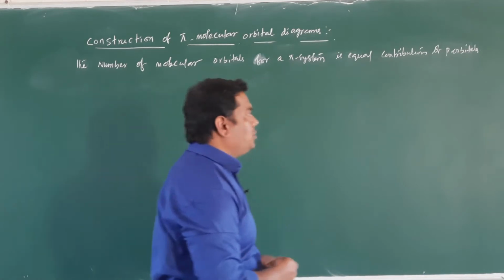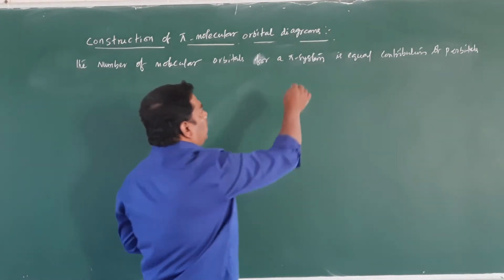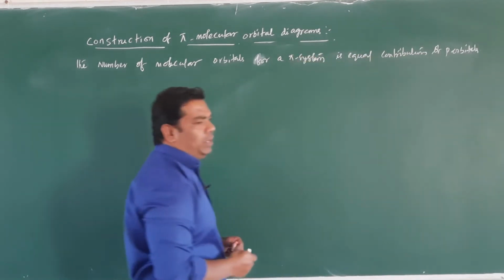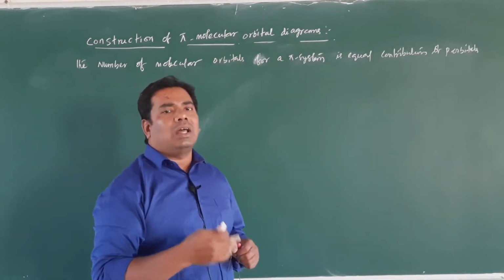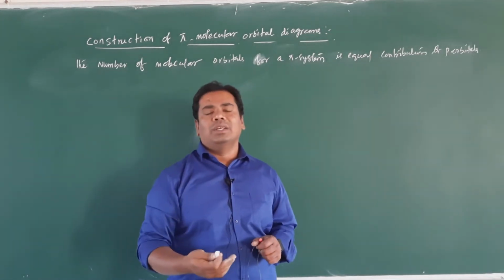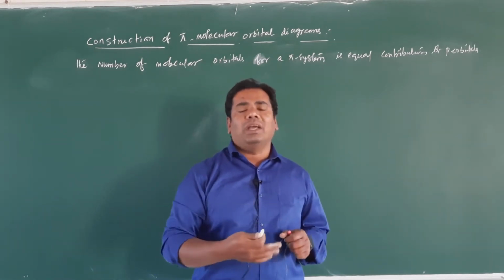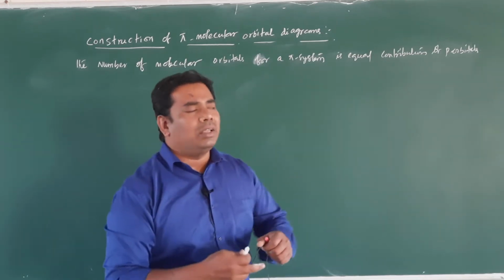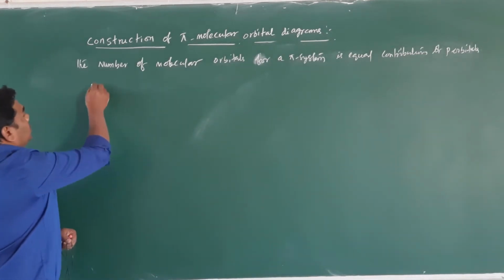Clear, students? So, the number of pi molecular orbitals formed is equal to the number of p orbitals contributing. For example, if two p orbitals are combined, then we will get 2 pi molecular orbitals, or if 3 p orbitals are combined, we will get 3 molecular orbitals. So, that is the first point.